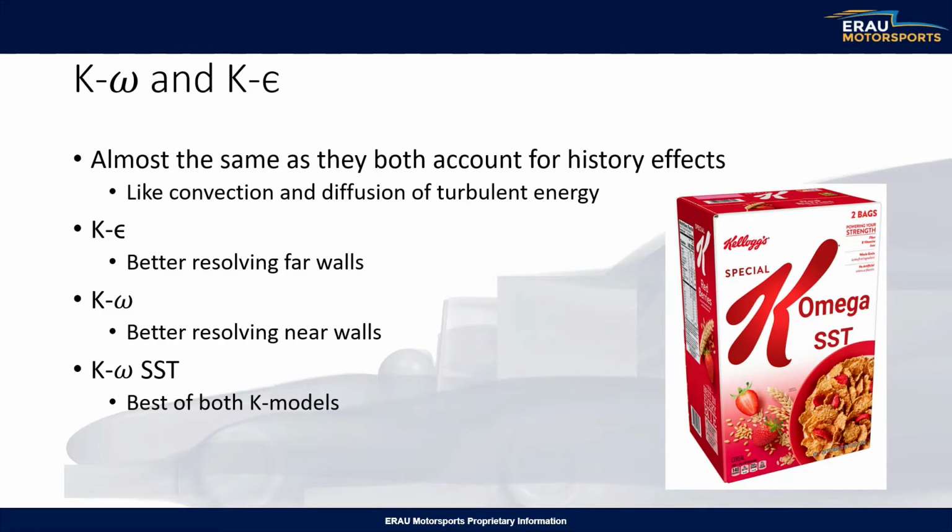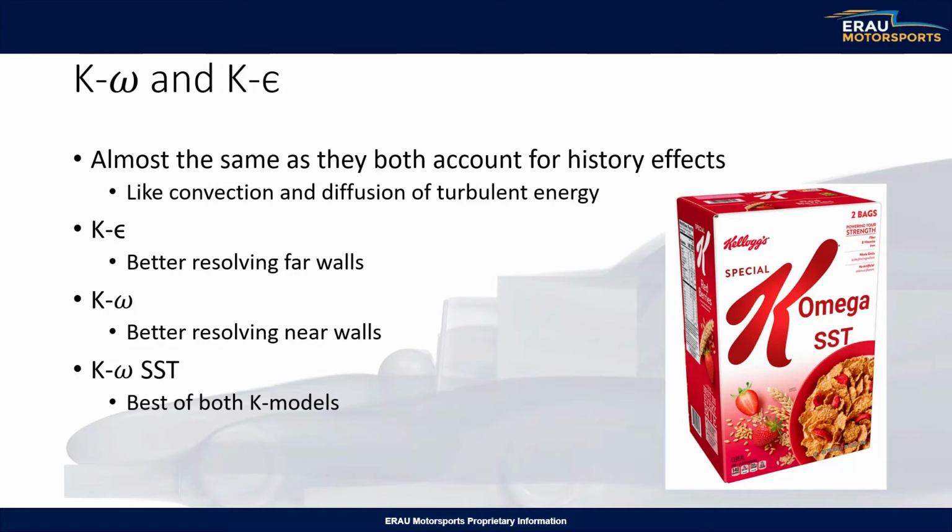K epsilon, K for turbulent kinetic energy, and epsilon for turbulent dissipation rate, is shown to be more reliable with free shear flows with little to no pressure gradients, making them better for resolving solutions far away from boundaries or walls.